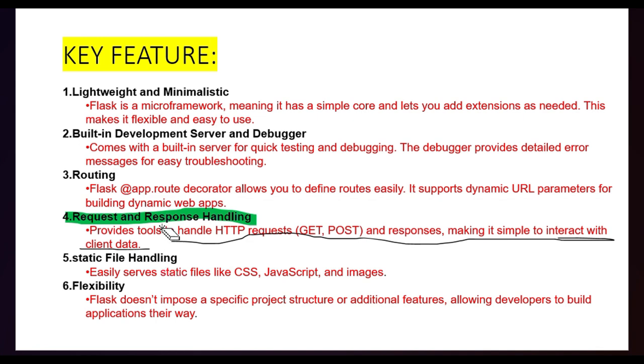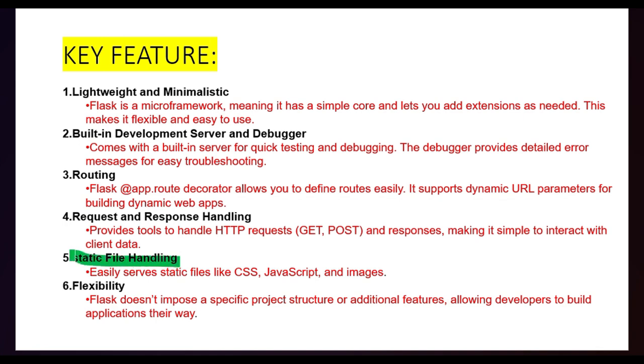Then the fifth one is static file handling. Static file handling means that Flask can easily serve static files like CSS, JavaScript and images from the static directory. Static files are accessible by giving the static file name.